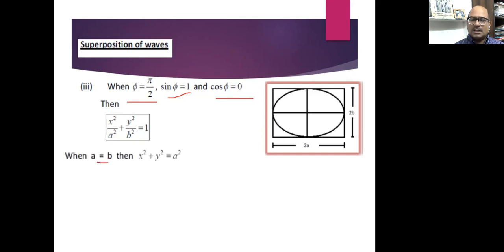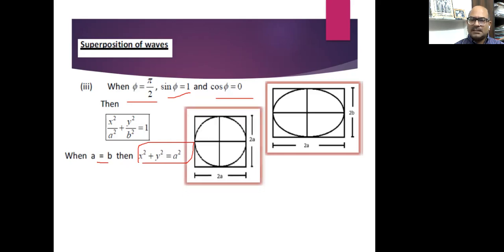But in this condition, when the initial amplitudes are equal, it will reduce to a circle. And in that case, we'll find this on the screen: starting from a positive slope line, then a negative slope line. The line is a special case of an ellipse.